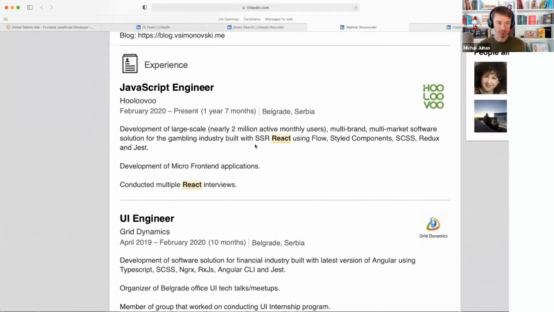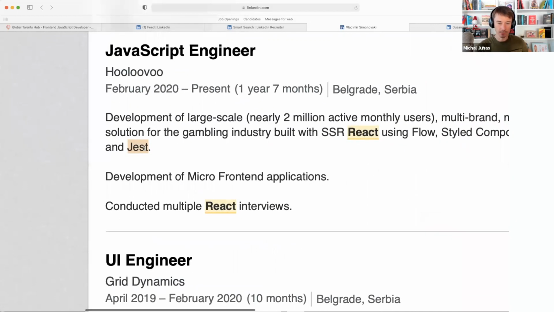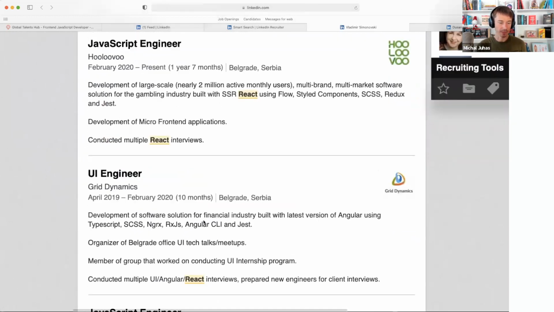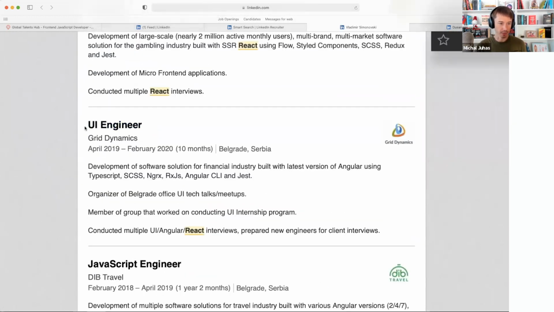He's a JavaScript engineer using React with Flow, styled components, SCSS, Redux, and Jest. It's the same he would use in this new job. He conducted multiple React interviews. He used to be a UI designer, UI engineer. Also used Angular.